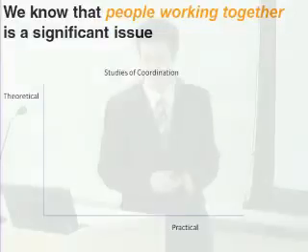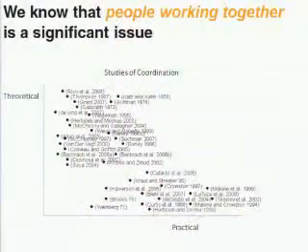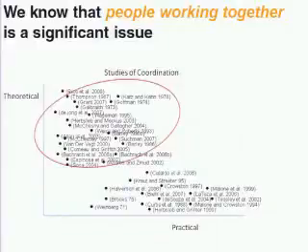I'm going to engage in a somewhat dangerous activity here. I'm going to try to graph previous research, and I'm creating a false dichotomy of theoretical and practical. It just serves the purpose for this talk and to situate my work in previous work. We tend to see that a lot of theoretical work bunches up in this area, and that's a lot of management work.